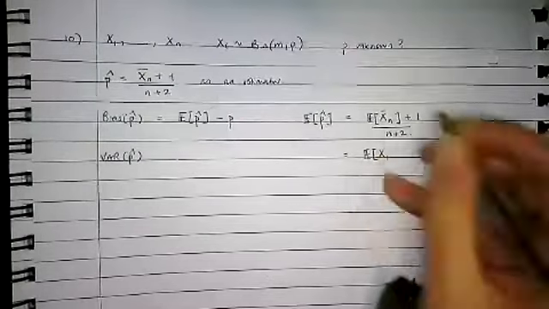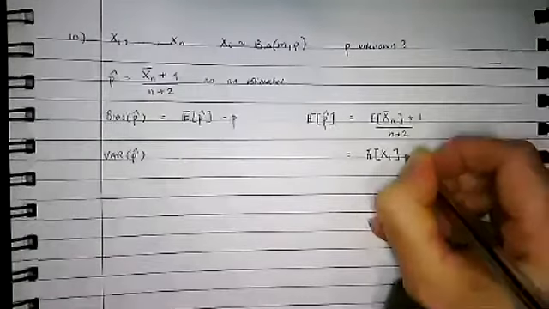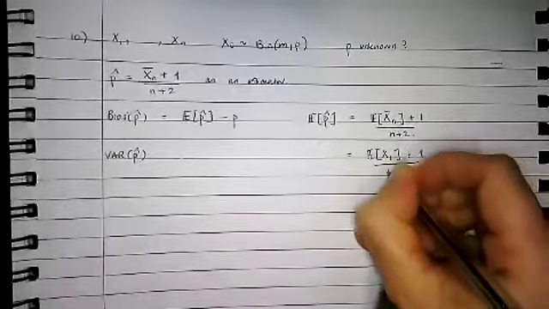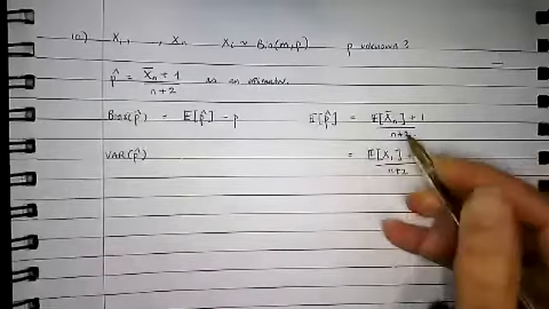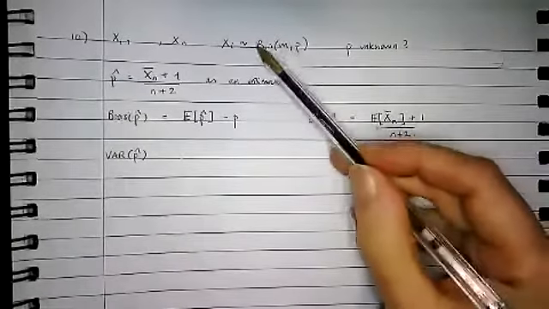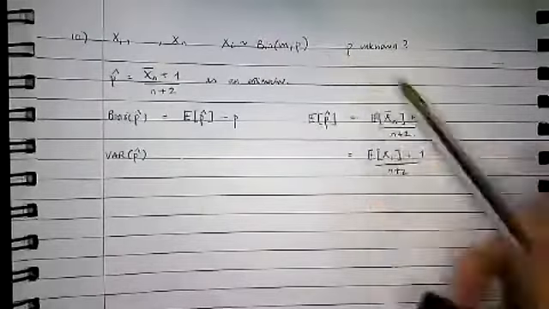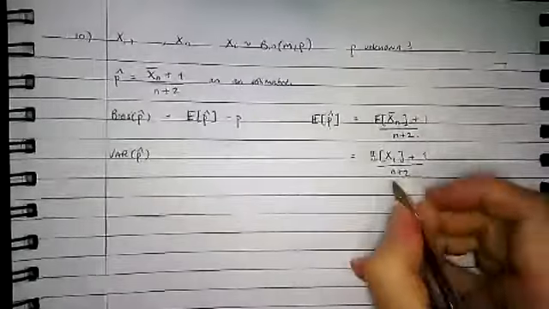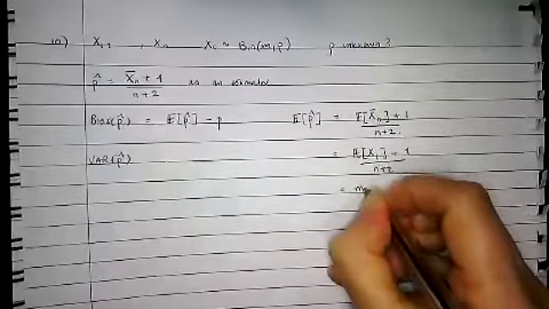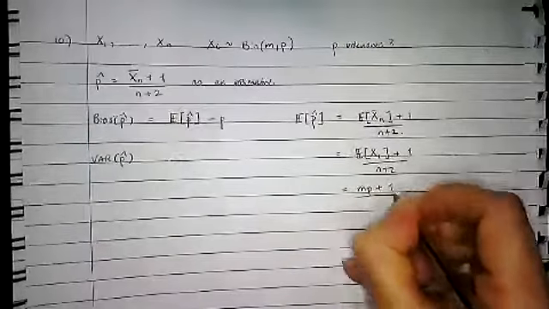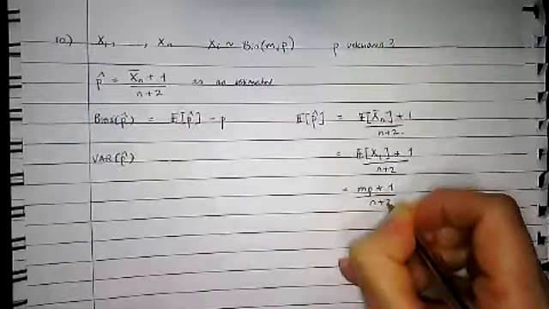So I'm just going to pick number 1 because that's convenient. And hopefully I can immediately see from the fact that it's binomial(m, p) that this value should be mp. So the expectation of p hat is (mp plus 1) divided by (n plus 2).